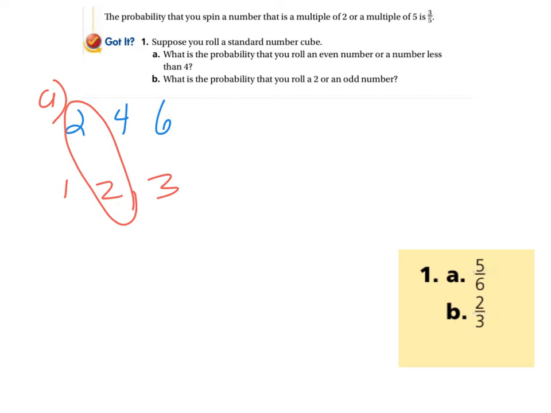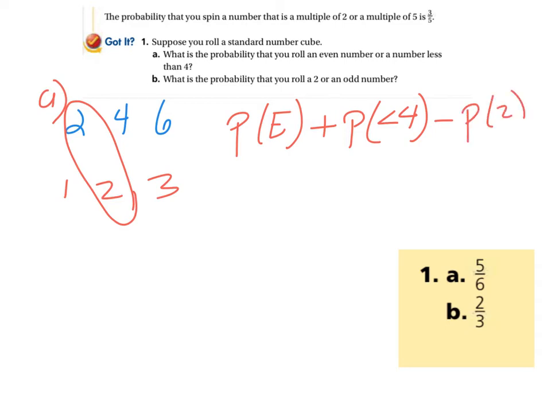So what this looks like is probability of numbers that are 2, 4, or 6, an even number, so that's probability of even. And then we add to that probability of less than 4. And then you subtract from that probability of getting a 2 because that's our overlap piece. So that's it in words there.